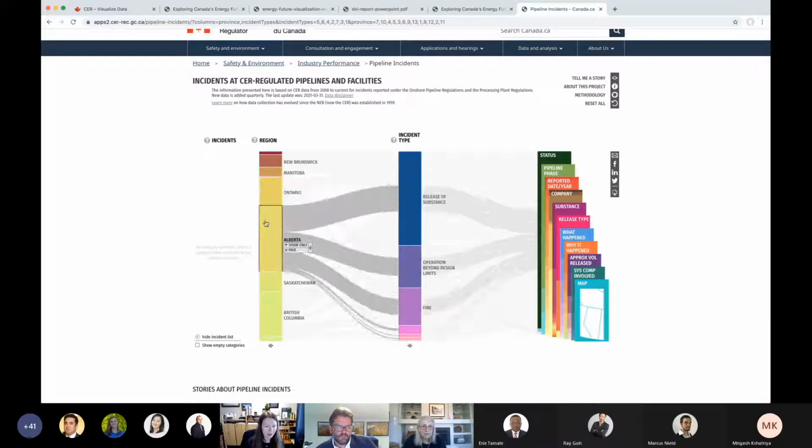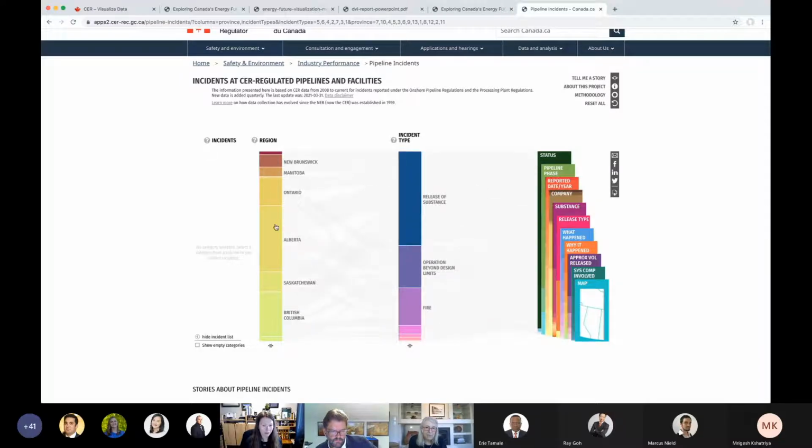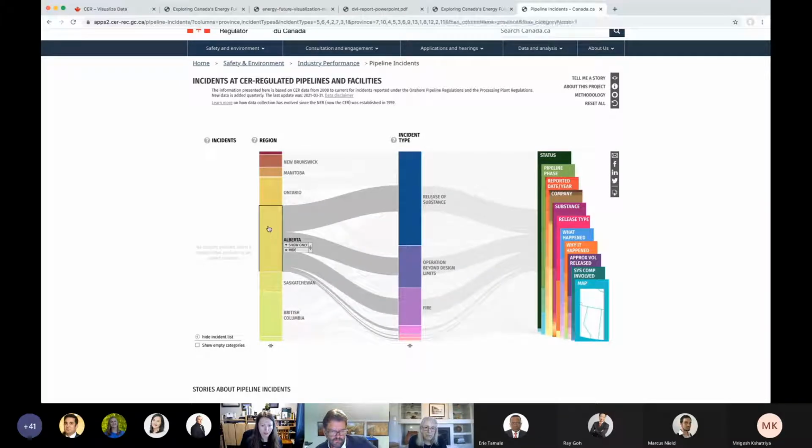So what you'll see here is that Alberta has the most incidents. This is also because it has the most pipeline facilities in Canada. And when I hover over Alberta, I can see how many incidents in Alberta were related to a release of substance. Oh, sorry, if I just click in here, it should stay.